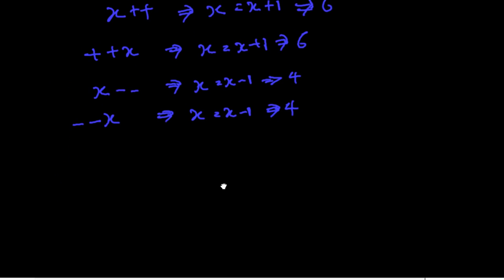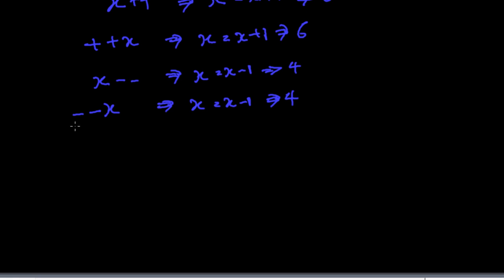Now let's go on down here. Okay, now something more complicated would be x plus equals y. What this means is that x equals x plus y. It's just a more fancy way of writing it. Same goes for x minus equals y.